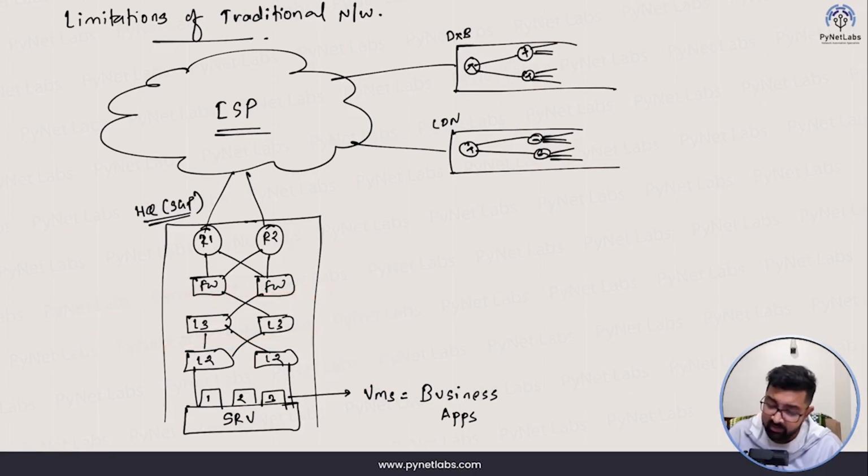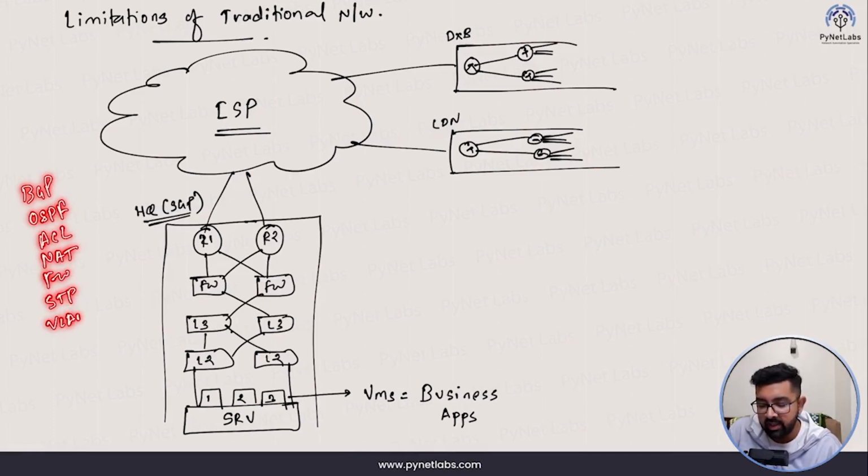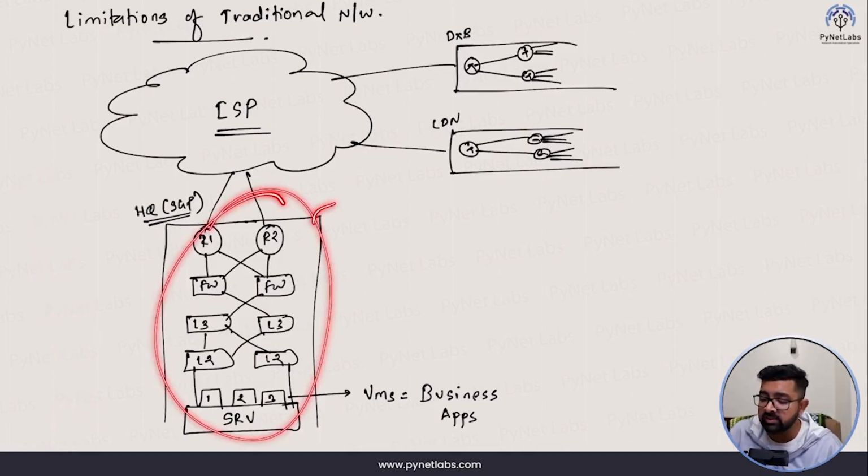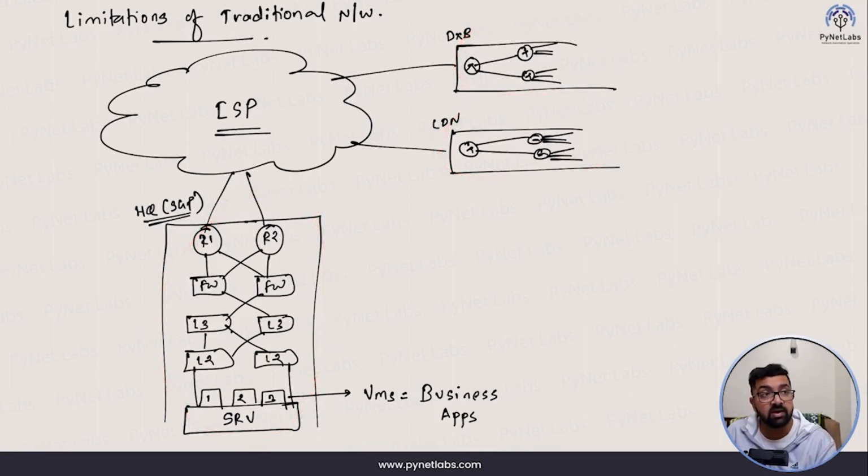To implement that, we might need to implement, let's say, BGP, then OSPF needs to be there, access control lists, network address translation, firewalling, spanning tree protocol, VLANs, inter-VLAN routing, subnetting, trunking, and EtherChannel, HSRP, whatnot. Lots of configuration needs to be done on these devices, as well as on these devices and these devices, to make this function.